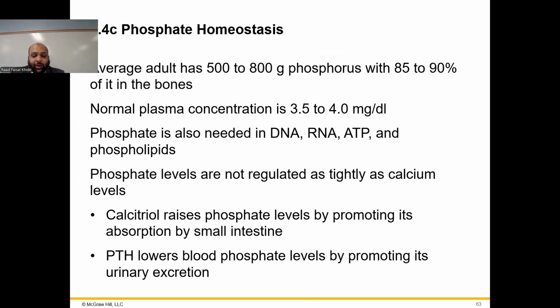So calcitriol raises phosphate levels by promoting its absorption, while PTH lowers blood phosphate by promoting its urinary excretion. You see calcitriol has the same effect on phosphate as it does on calcium. It increases it in the blood.